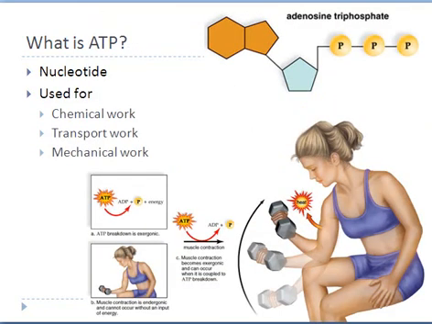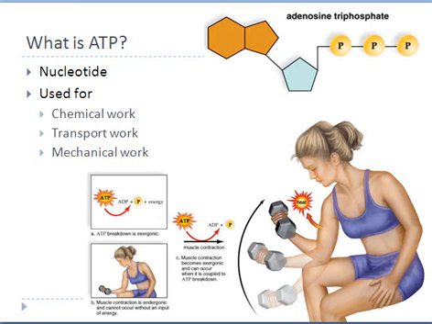Now, let's look at the chemical structure of ATP with a little bit more depth. Adenosine triphosphate is the currency of the cell, and in this reaction you can see that this physical activity is going to dissipate heat, and that's why when we do strenuous exercise, aerobic or anaerobic, especially aerobic exercises, we will feel warm afterwards because we have burned off some of our energy, and the waste is released as heat.